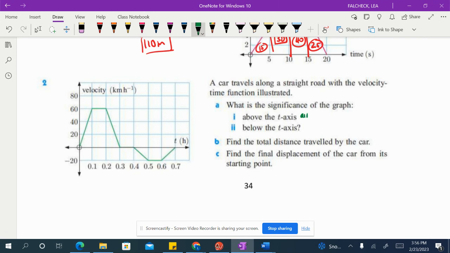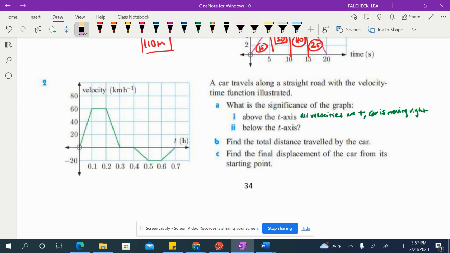So we could say all velocities are positive. Car is moving right. Why? Because all y values, all outputs of the function, are positive. Okay. What about parts of the graph that are below the t-axis?